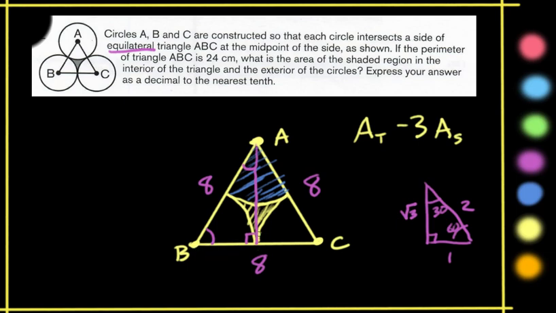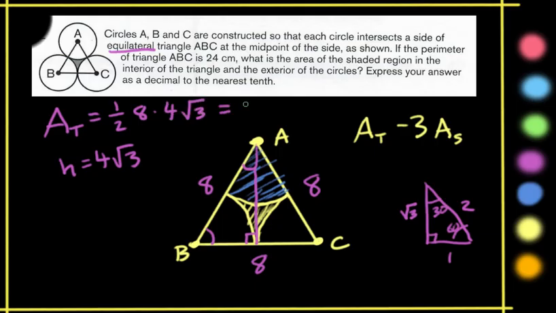So this height will be 4 times the square root of 3. And so the area of the triangle, AT, is going to be 1/2 the base times the height. So that's 1/2, the base is 8, and the height is 4 root 3. So altogether, this is going to be 16 square root of 3.